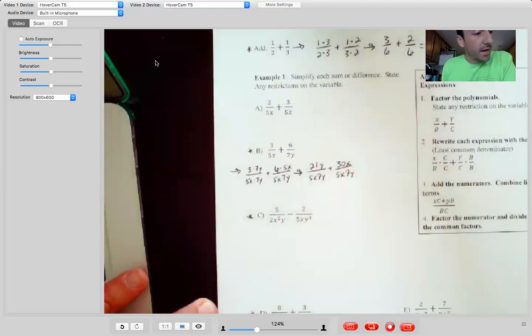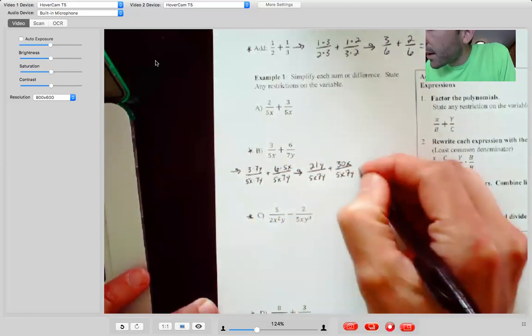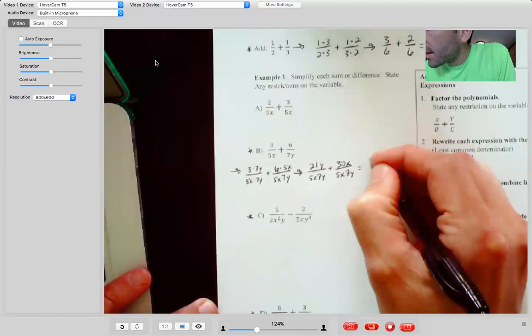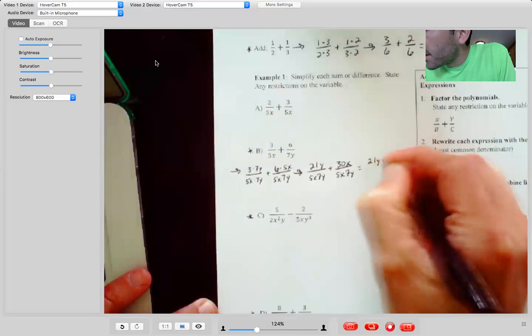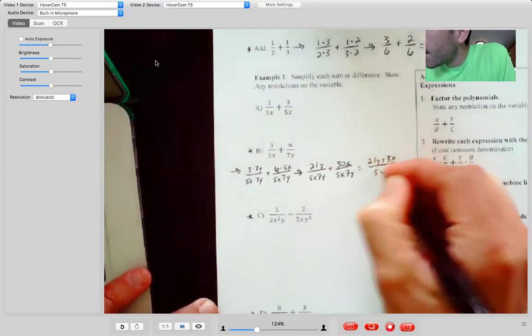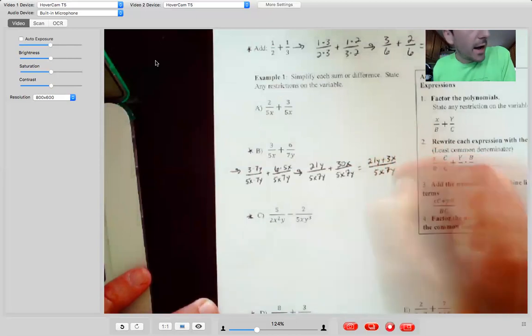And now that we have our common denominator, we're ready to go ahead and just add. And remember, we are adding here, not multiplying. So those aren't like terms up top. So we just write 21y plus 30x over 5x 7y.